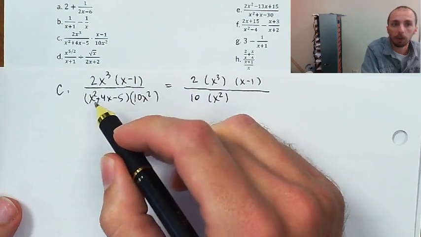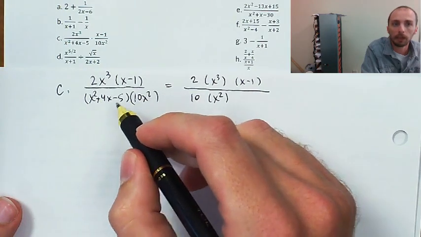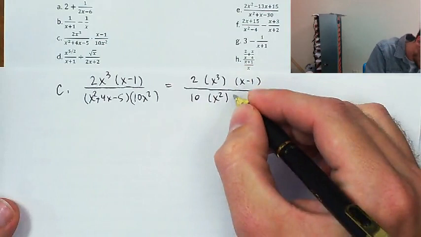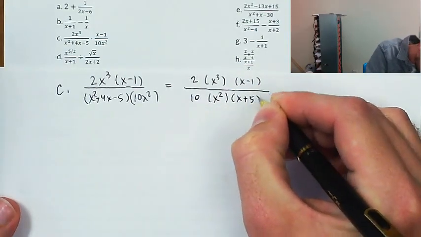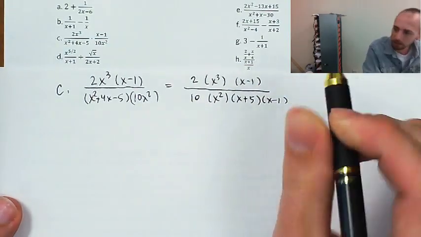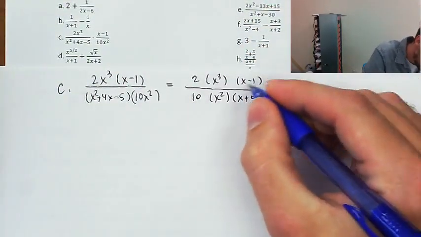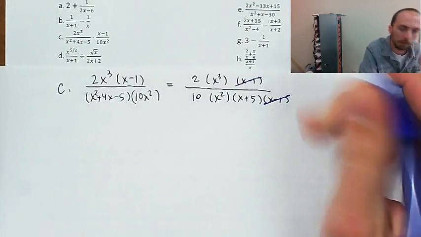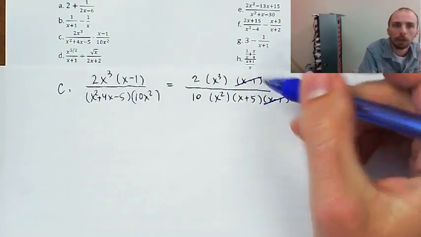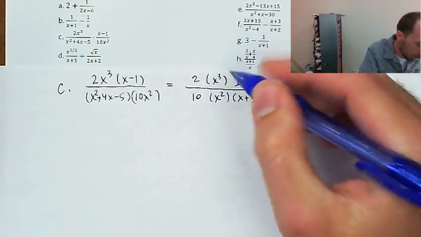Two numbers that multiply to negative 5 while adding to positive 4 would be positive 5, negative 1. So I've got x plus 5. There we go, x minus 1. And then I might be interested in canceling off some things. These x minus 1s, they're in parentheses. They're multiplied. They can be canceled. Now x cubed divided by x squared.